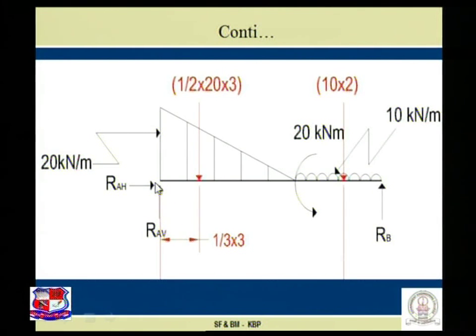The moment because of RAV at this point is obviously 0, because the force is acting at that point. The first load, half into 20 into 3, creates a moment of half into 20 into 3 into 1/3 into 3, a clockwise moment, hence the plus sign.